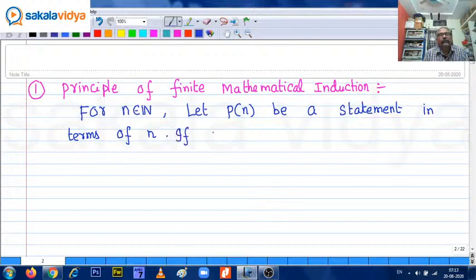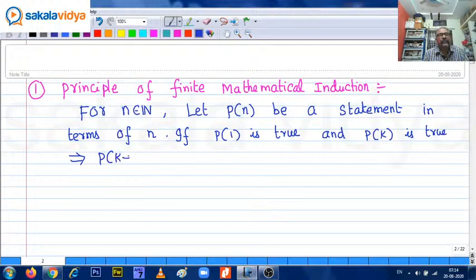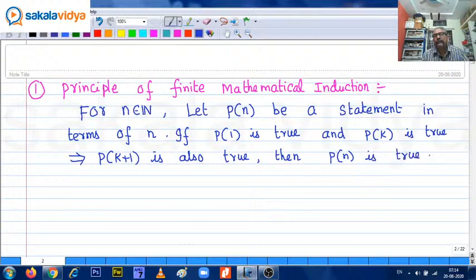If P of 1 is true, and P of k is true, that implies P of k plus 1 is also true, then the given statement P of n is true for all n belongs to N. We can conclude like this.